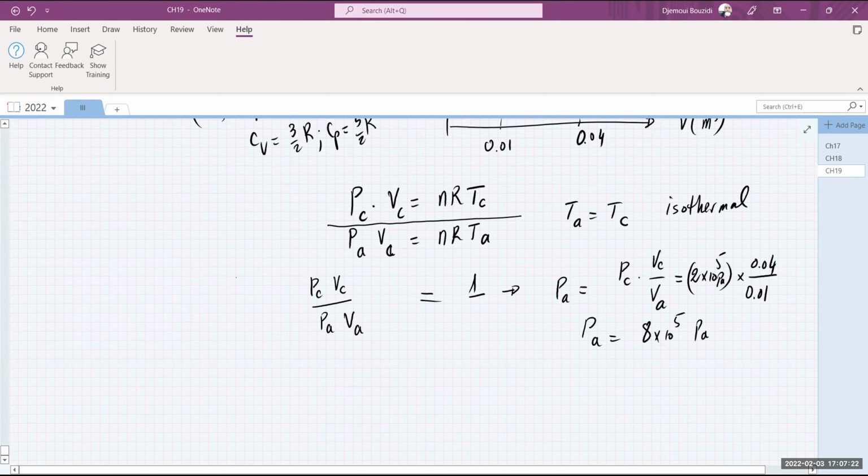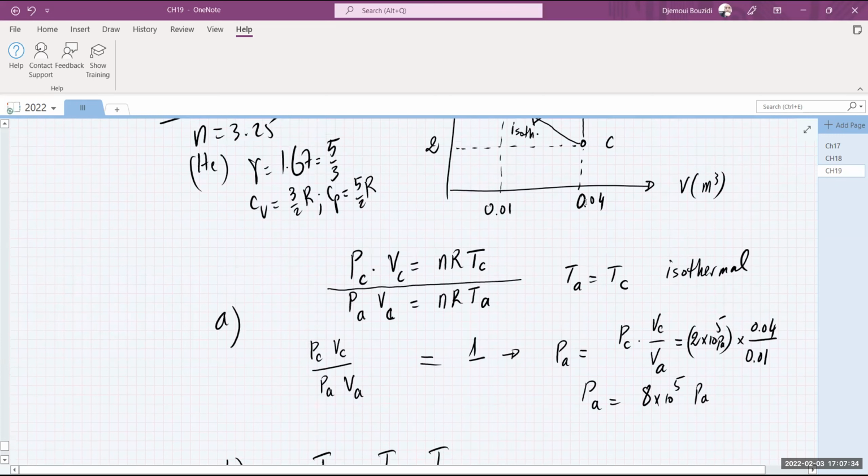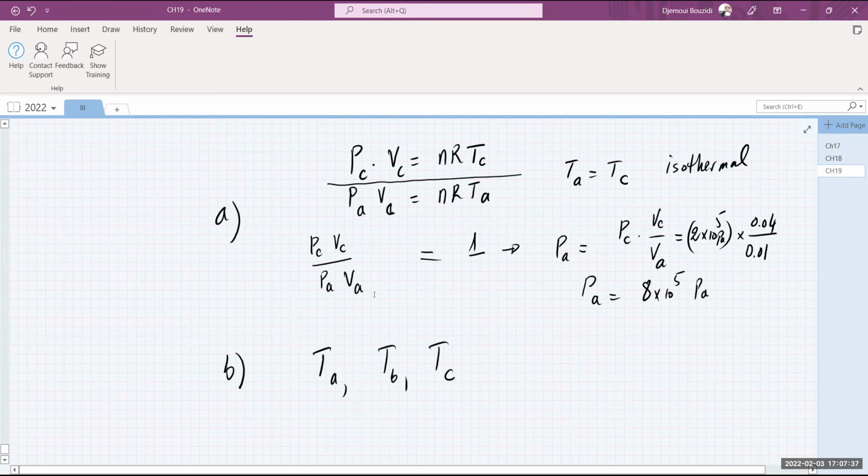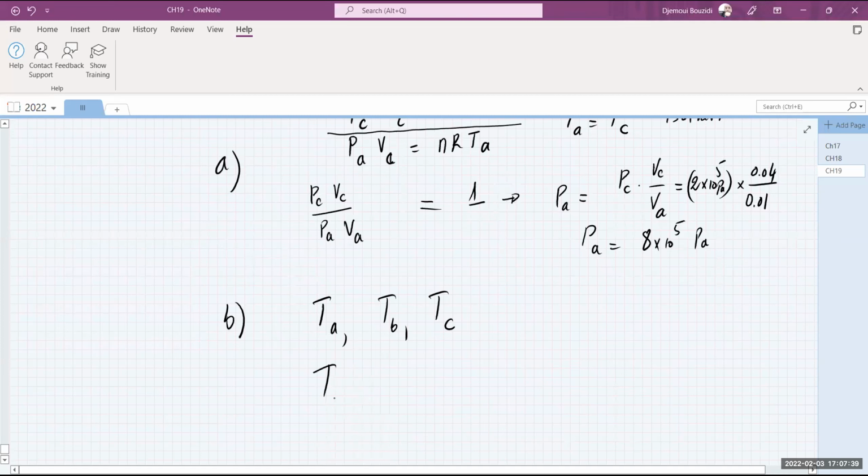So this is part A of the problem. Part B of the problem is to find the temperatures in points A, B, and C. Well, we just saw that the temperature in point A and point C are the same. And I can use any of these equations to find it. So TA, the same as TC, is equal to PAVA over nR or PCVC over nR. It's the same thing.